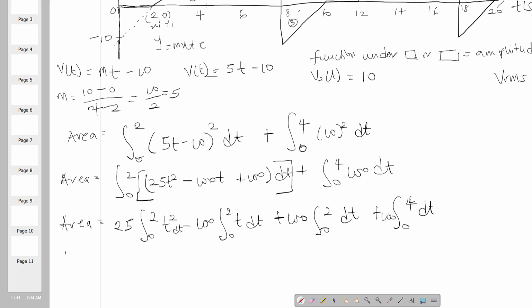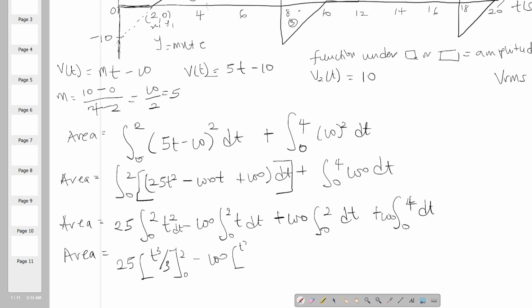So then the area will be equal to 25, and this is going to give us t cubed on 3 from 0 to 2, minus 100.